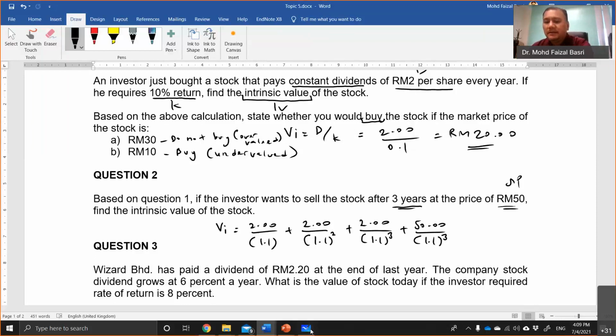Okay, it means it's not running from 1, 2, 3, 4, no. So the final year's dividend must have the same N as the selling price. So the final two here must have the same value. Okay, and how to determine the values based on the question? The question specifies 3 years. Okay, can you calculate for me? Can you grab your calculator and try to calculate this?